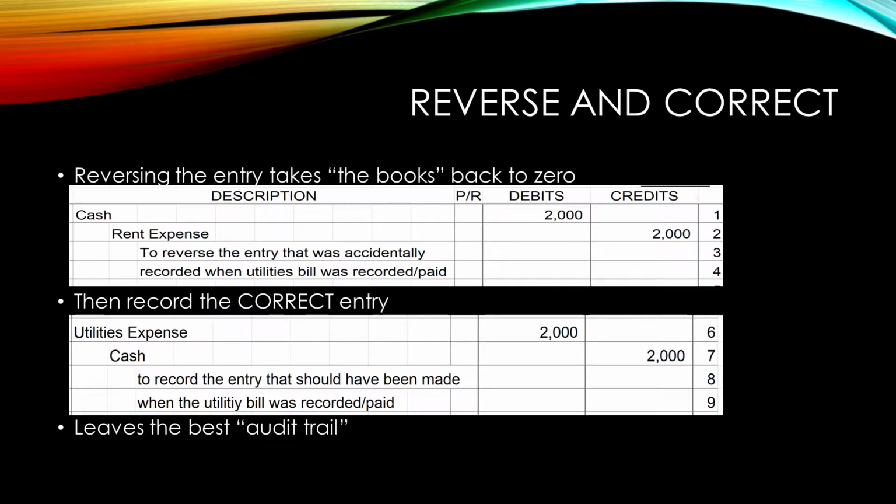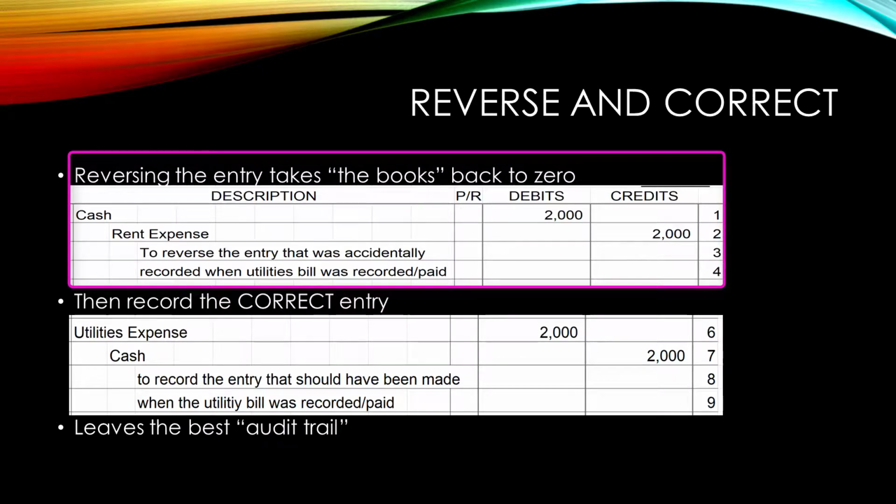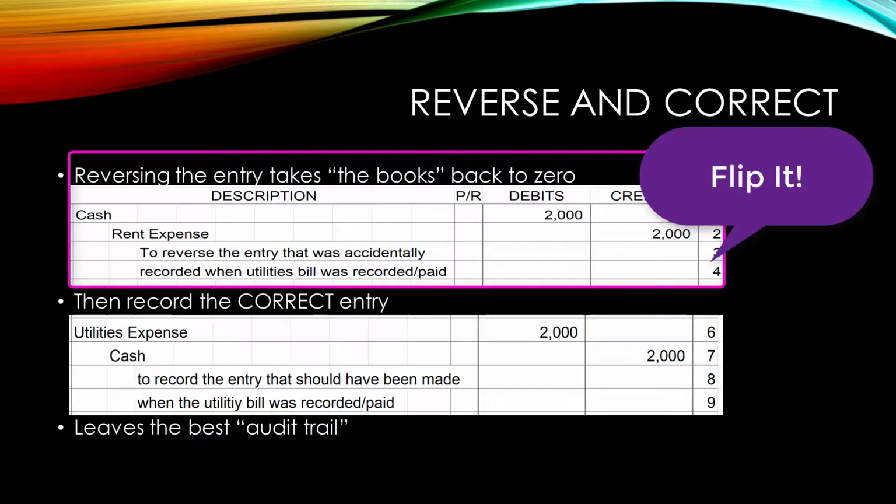The third and last method is called reverse and correct. Reversing the entry takes the books back to 0. So to reverse the entry, flip it. Do the opposite of what was done in the original erroneous journal entry. That's called to reverse the entry.